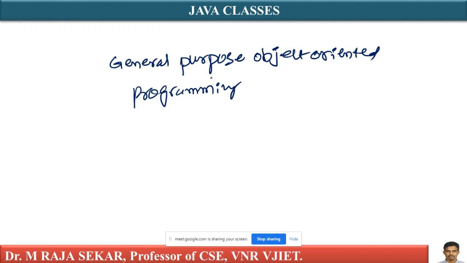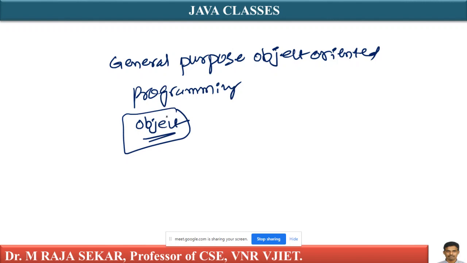It follows the object oriented programming approach. What is an object? We will try to understand after a few classes. Object oriented concepts form the basis for Java. This entire language is designed on the basis of objects.